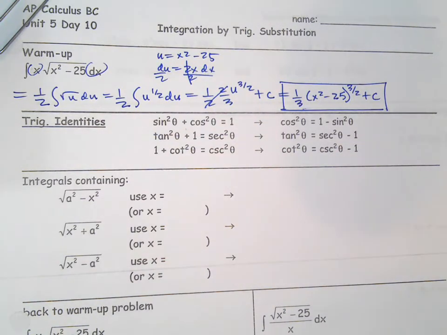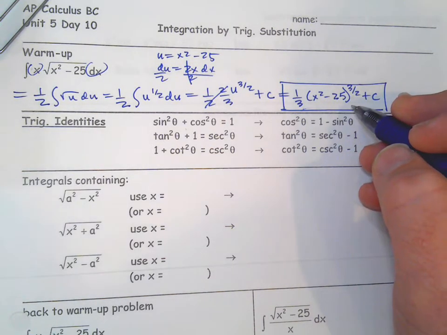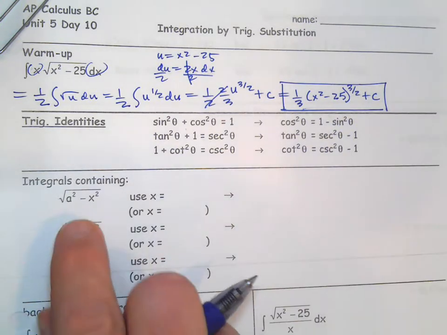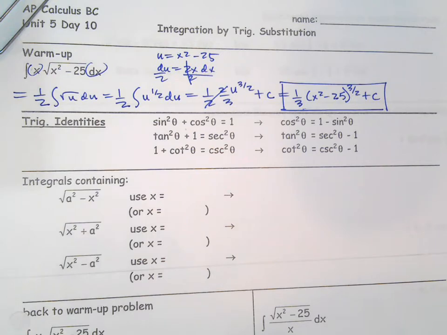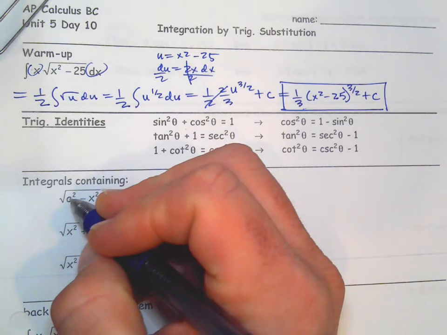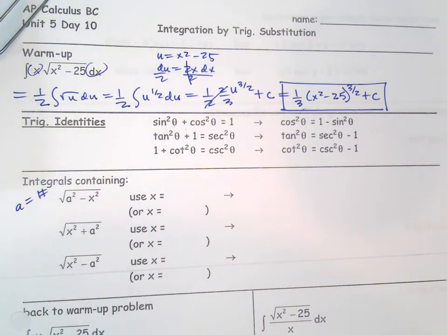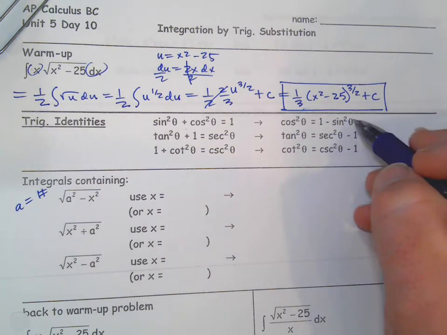Now, what we're going to try and do is create these patterns in our integrals that don't have trig. So the a is just going to equal a number in these. These are just going to start kind of general here. And we're trying to get these patterns here.